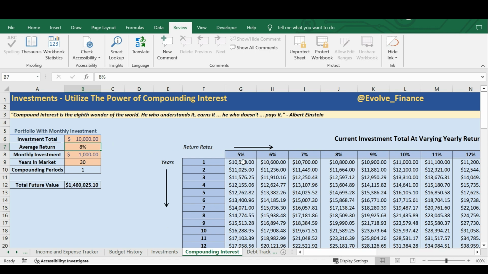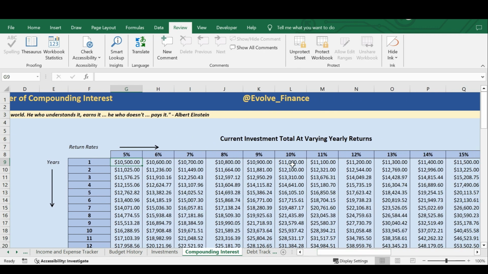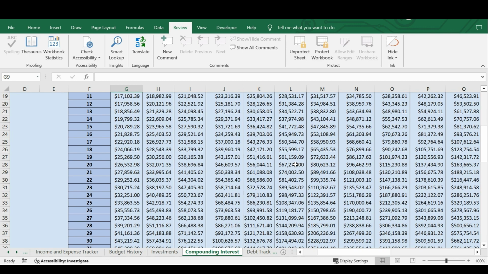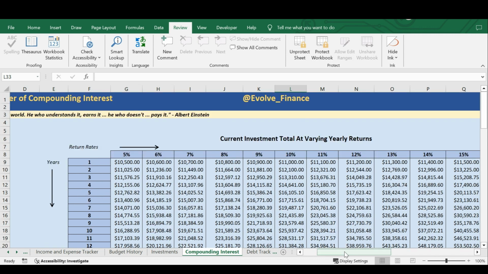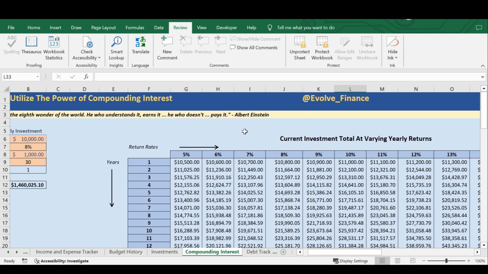This would read that if I had $10,000 and I did not invest an additional dollar, after 1 year at a 5% return, I would be estimated to have $10,500. Similarly, if I have a 10% return, but I did not invest an additional dollar for 25 years, I would have a projected $108,000. And again, this is for informational purposes only. This is in no way a guarantee.